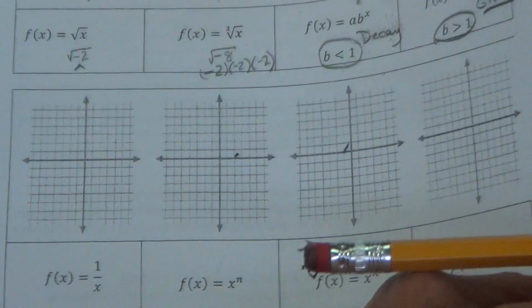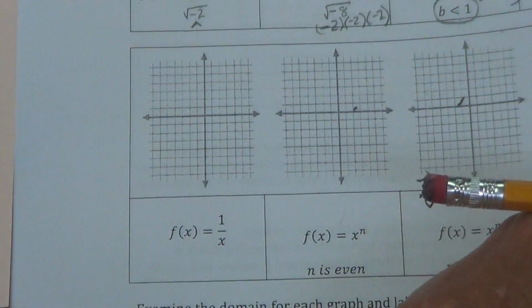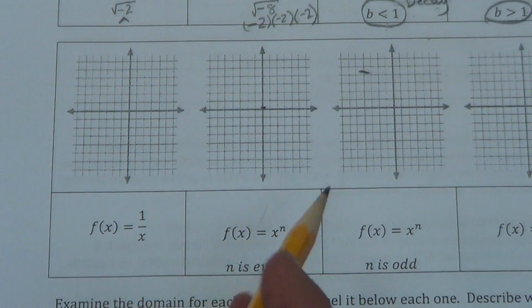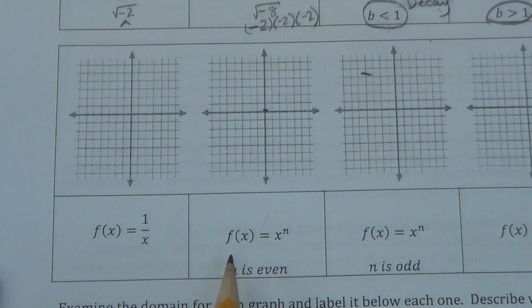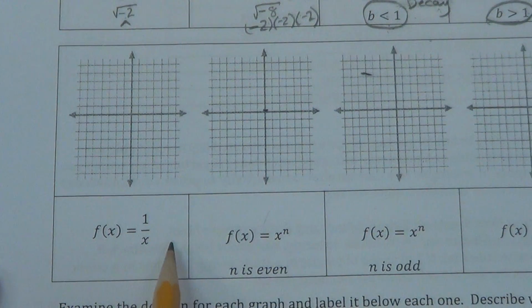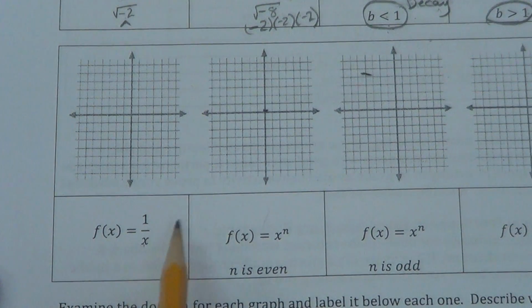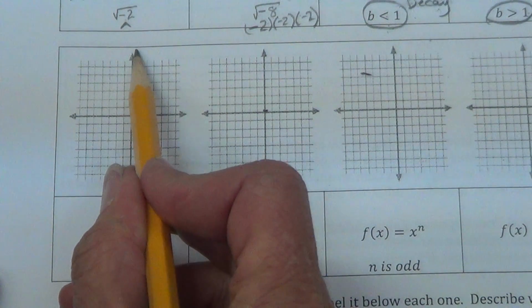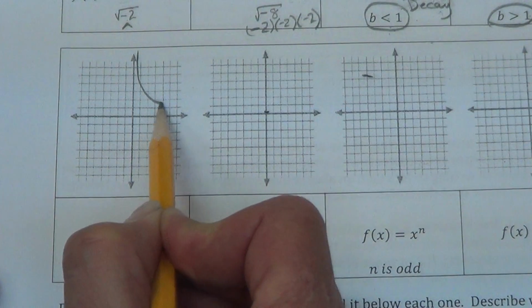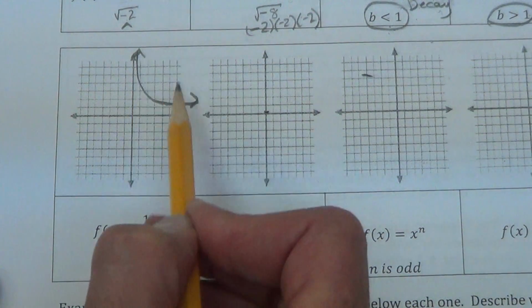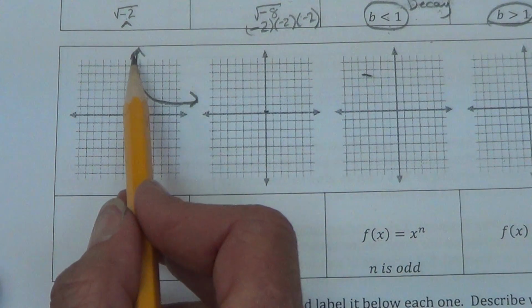Now these last ones probably will be fairly new to you. You should have seen them in Algebra 2-1. But in case you're taking 2-1 and 2-2 at the same time, I'll just run through them quickly. 1 over x is a hyperbola, and it comes out in this funky shape here where we have what one class termed as angel wings, or just wings.